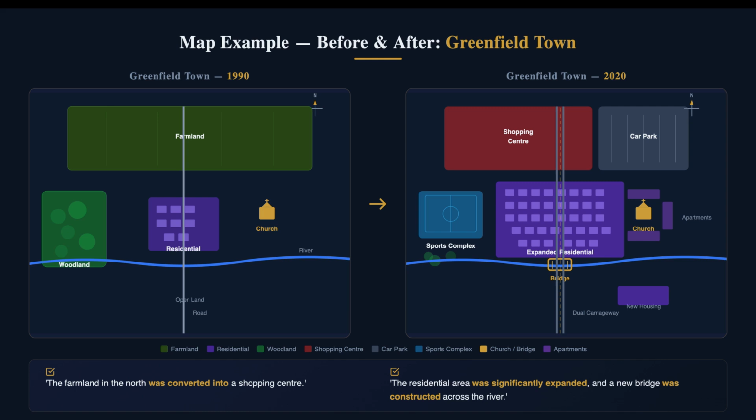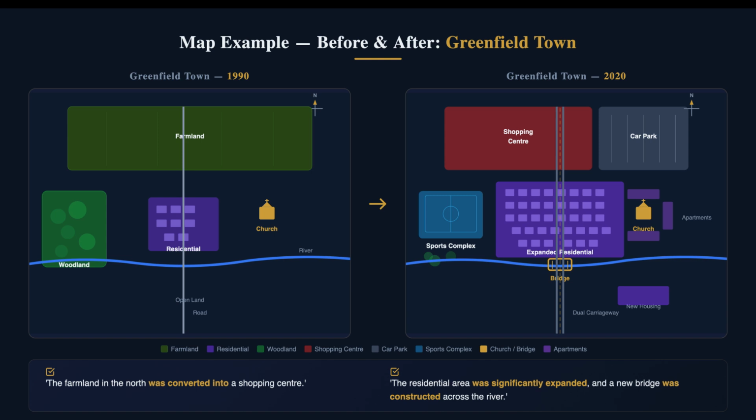And then we have woodland in Greenfield Town 1990. That is the green color on your left. And if you compare to the 2020 version, then this woodland is being developed or converted into sports complex.